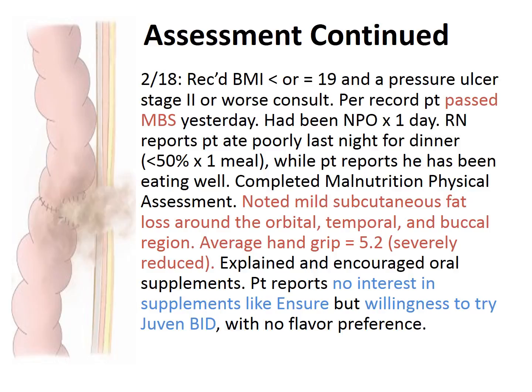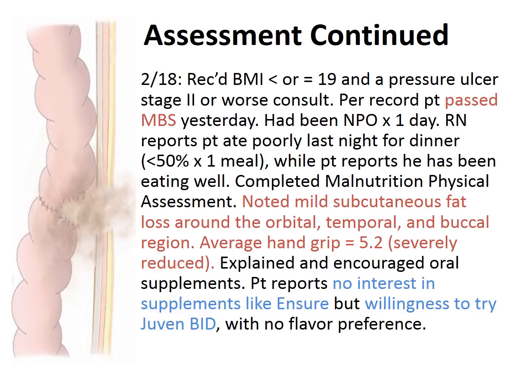Additionally, the patient JM had passed his speech eval the day before, and he had been nothing by mouth the day before as well. The nurse was reporting that he was eating poorly with less than 50% times 1 meal, while the patient was reporting that he was eating very well.